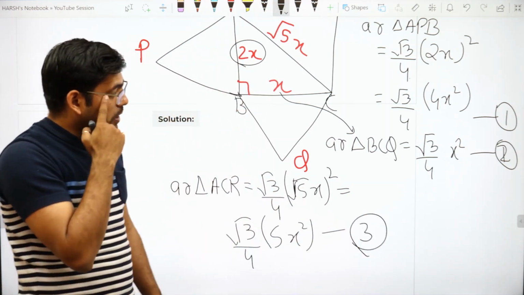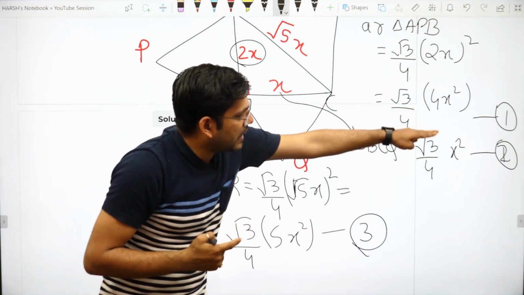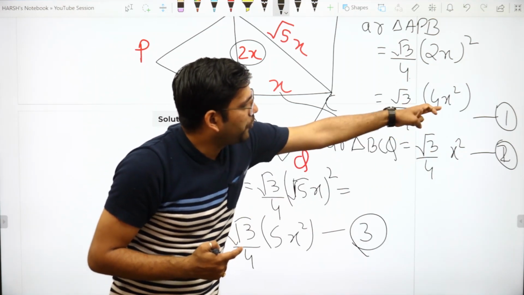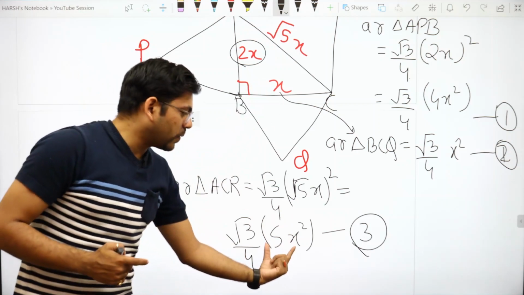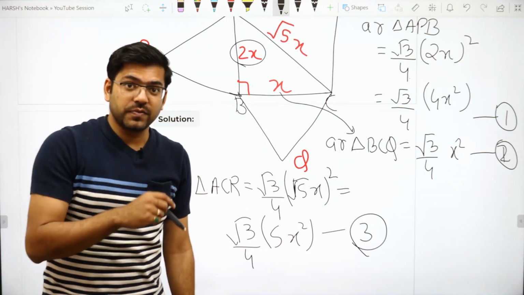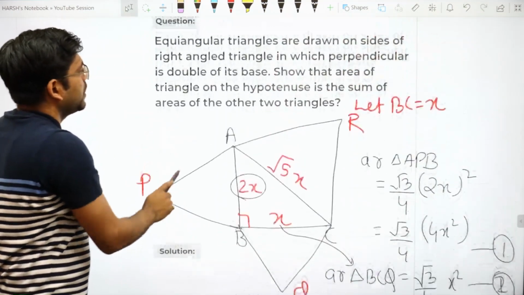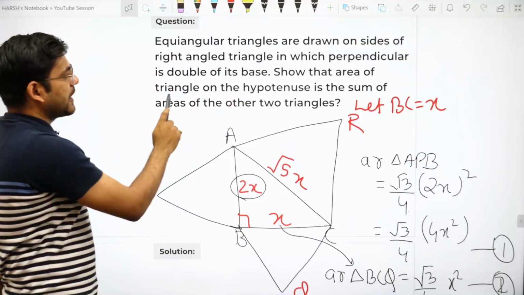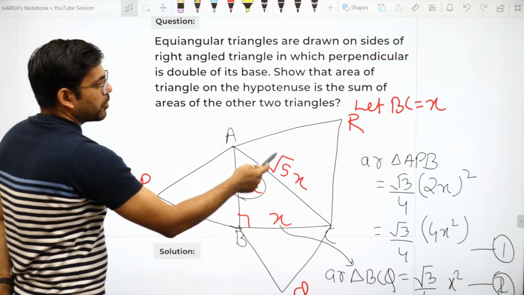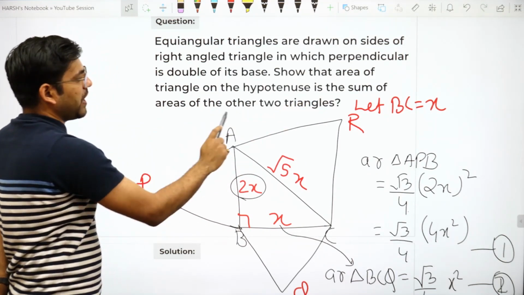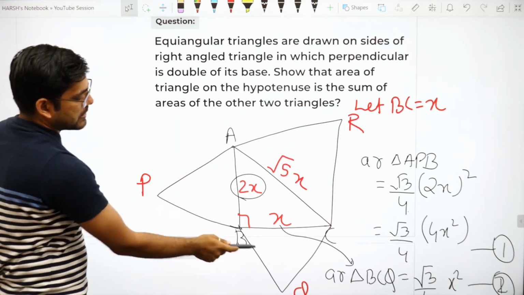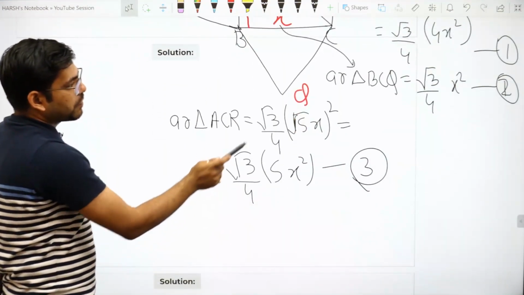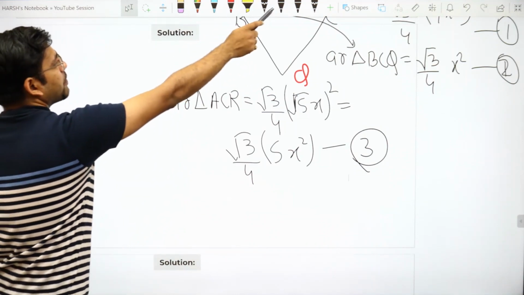Now you must be able to see that if I add first and second, root 3 by 4 is common. 4x square plus x square will be equal to 5x square, and this we had to prove. See, I'll show you. Show that the area of the triangle on the hypotenuse is the sum of the areas of the other two triangles. So we have to show. I'll just add both of them.